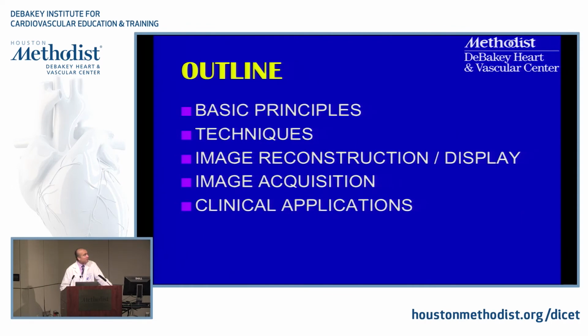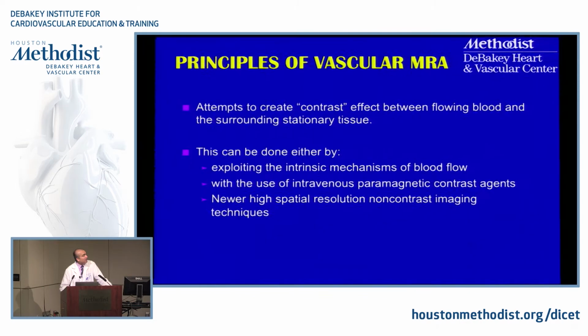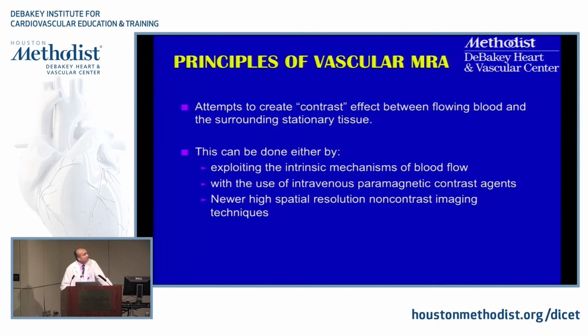Now let me talk a little bit about some of the specific details behind how MRA imaging is done. So we start out with the important principles for vascular imaging. One, you want to create a contrast between blood vessels and background tissue. And there's a few different ways that we can do this. One of the ways is by exploiting the intrinsic properties of flowing blood to use that as a differentiating factor.